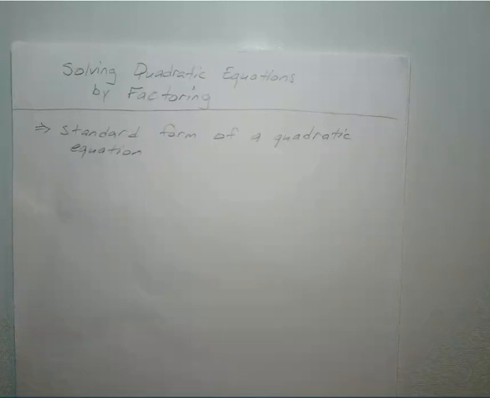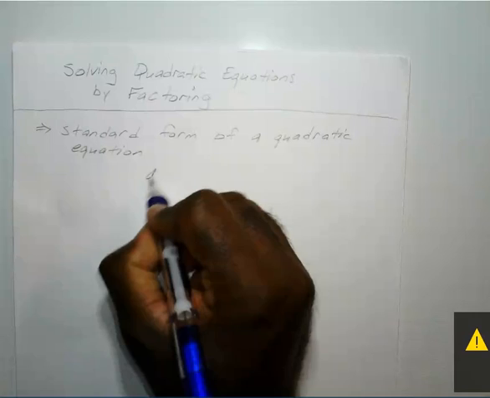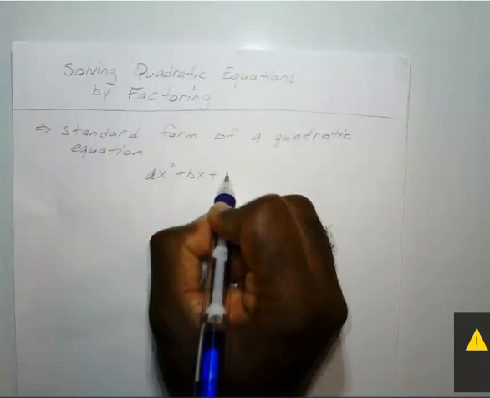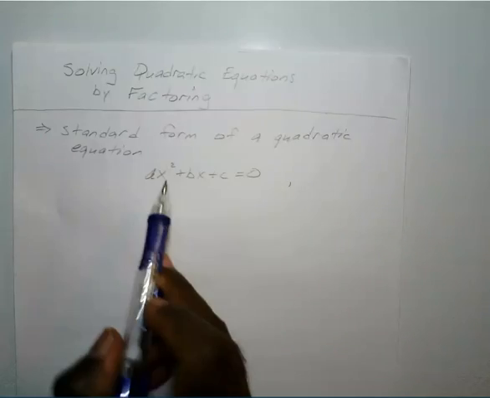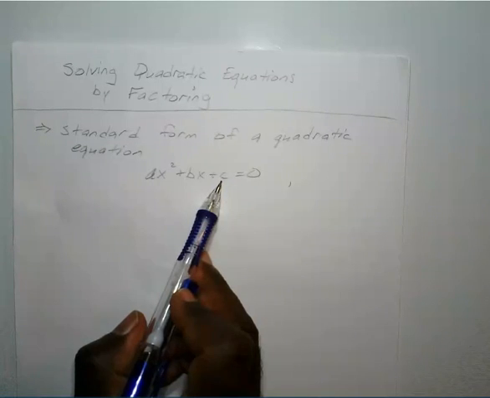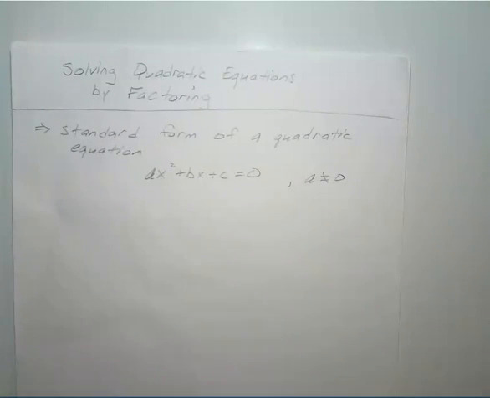Okay, so starting off, we're going to give you the standard form of what a quadratic equation looks like. It has the form ax squared plus bx plus c equals 0, where a, b, and c are real numbers, and of course, a does not equal 0.